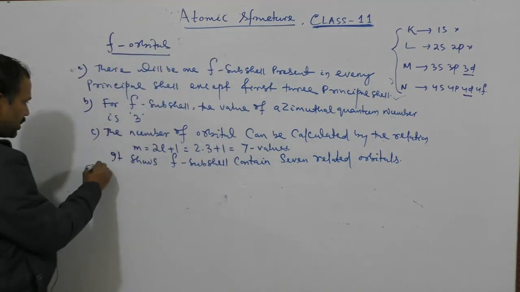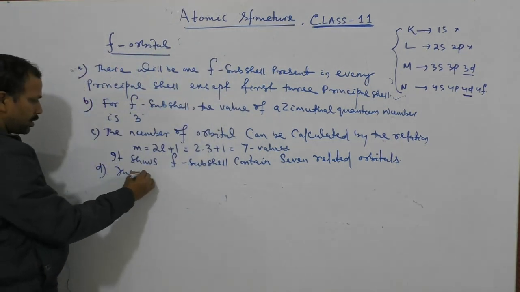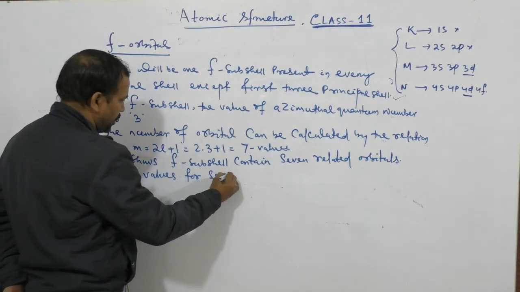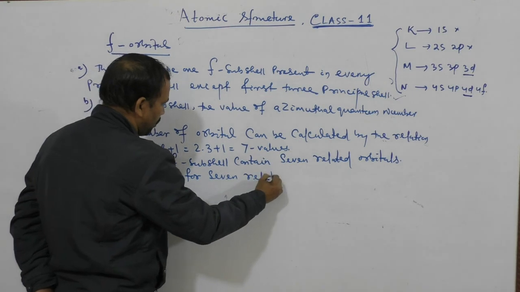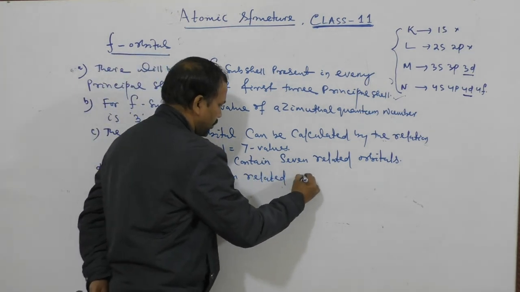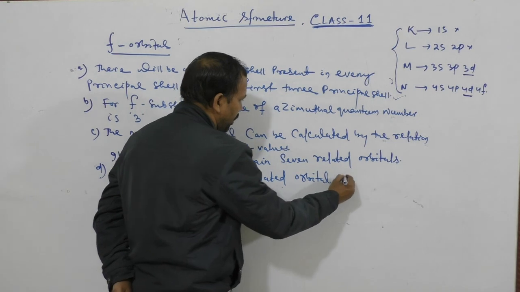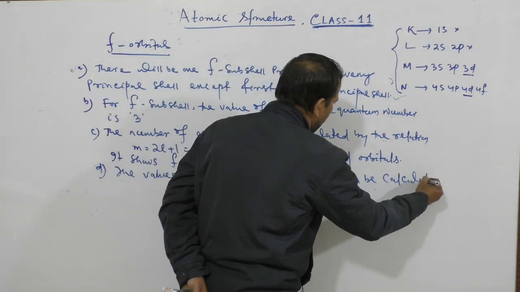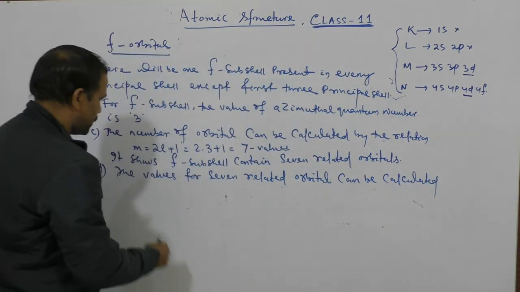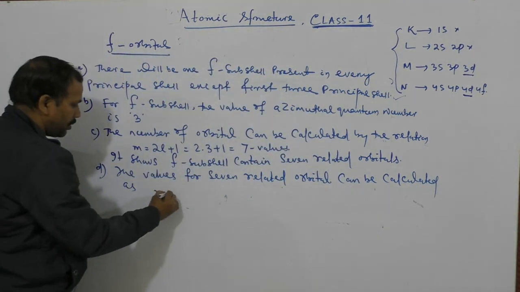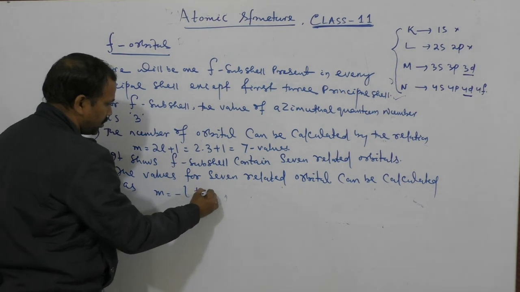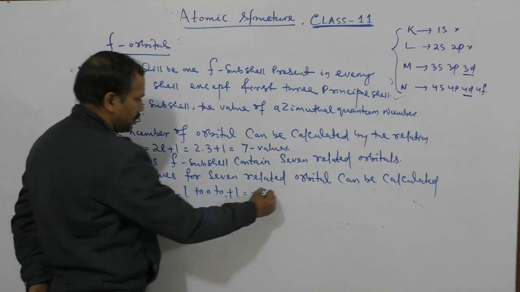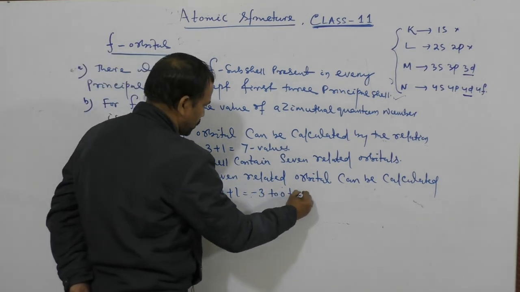The values for the 7 orbitals can be calculated as m equal to minus l to 0 to plus l, that is minus 3 to 0 to plus 3.